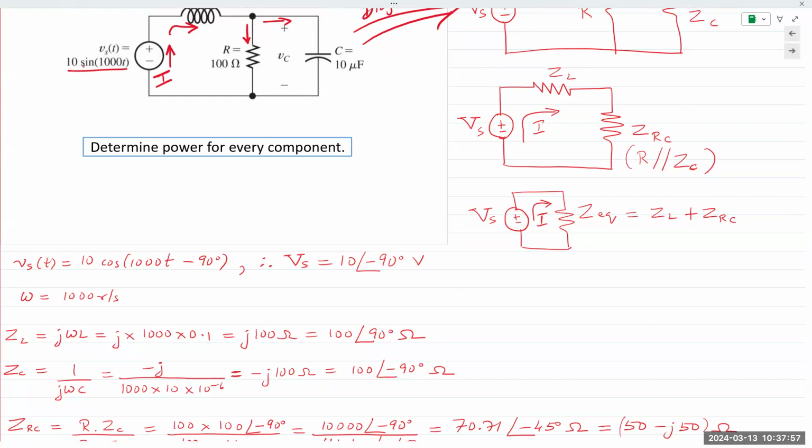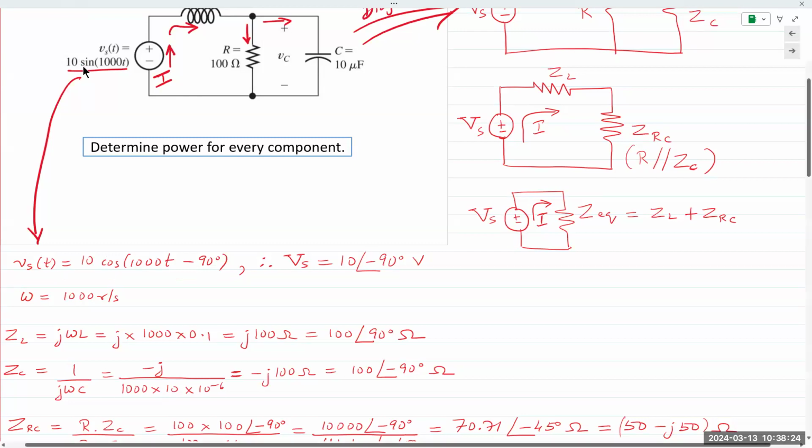If you wish to describe this as a phasor, we need to convert the sine into cosine. Sine x is cos of x minus 90, so we subtract 90 degrees from the expression. I can write Vs of t is 10 cos of 1000 t minus 90 degrees. The phase angle for the voltage is 0 in sine format. Cosine would be minus 90.